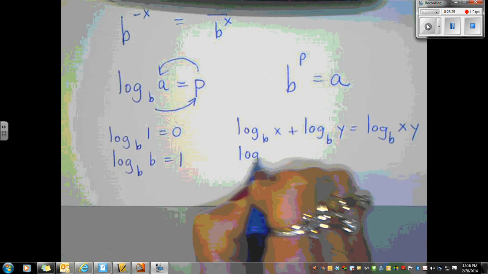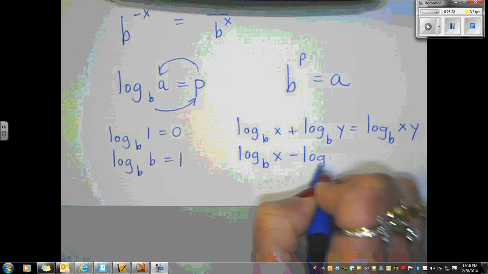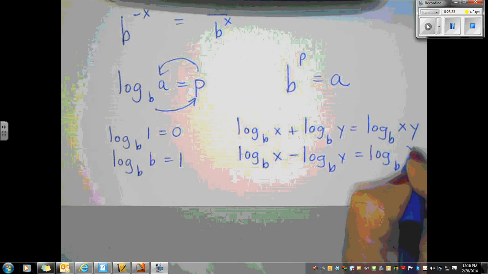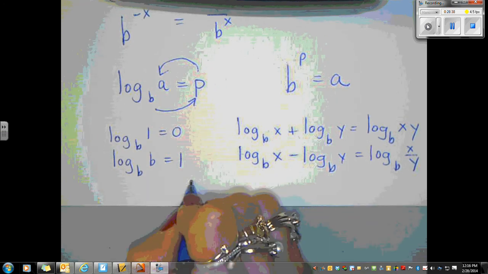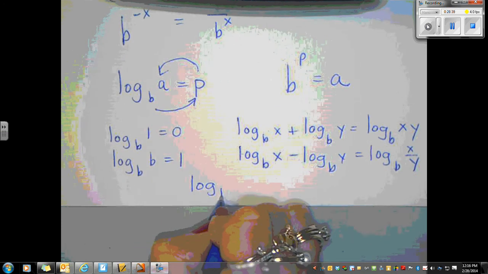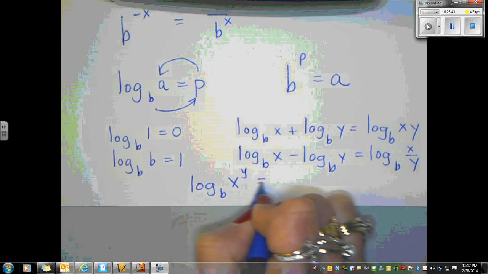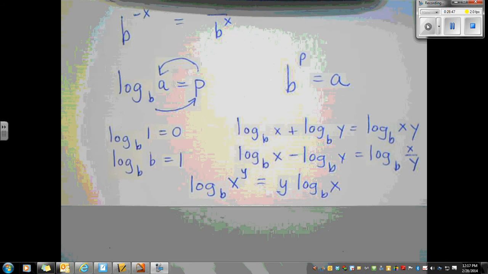Log base b of x minus log base b of y equals log base b of x divided by y. Log base b of x raised to the y power equals y times log base b of x.